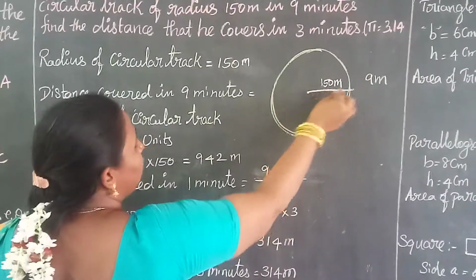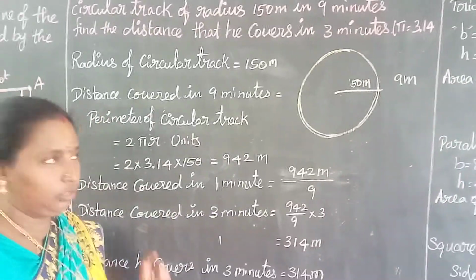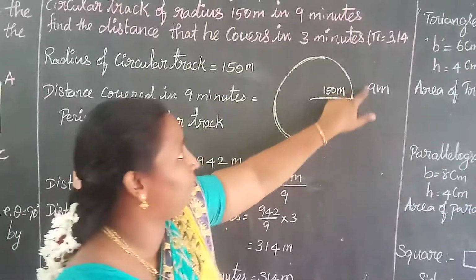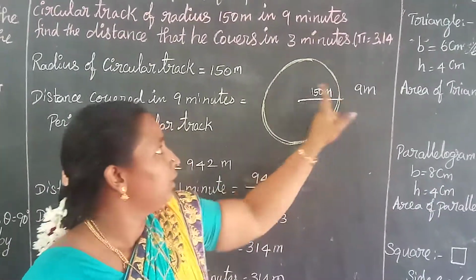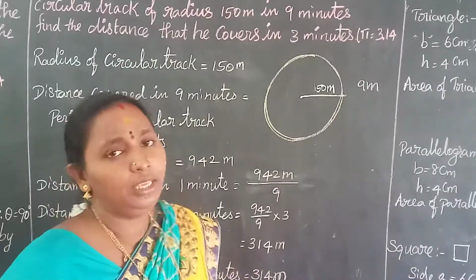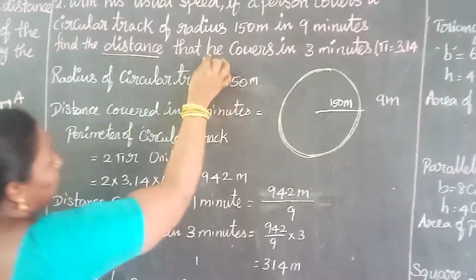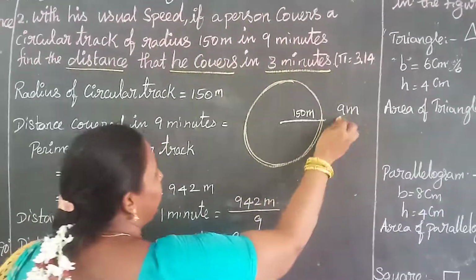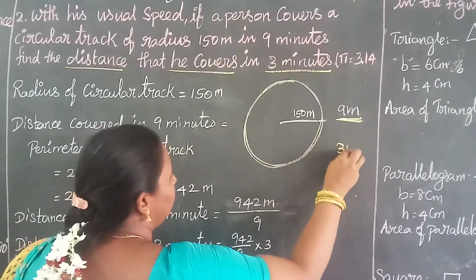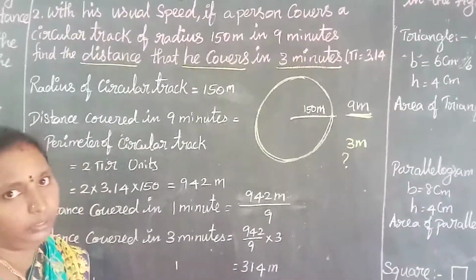The radius of this circular track is given as 150 meters. Do you understand this? A person travels through this circular track in 9 minutes with the radius 150 meters. What do they ask us to find? Find the distance that he covers in 3 minutes. This whole distance he covered in 9 minutes. They ask how much distance he covered within 3 minutes.